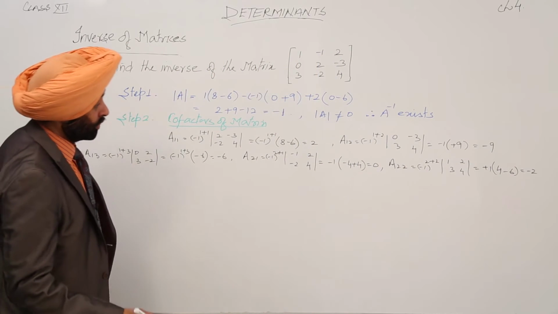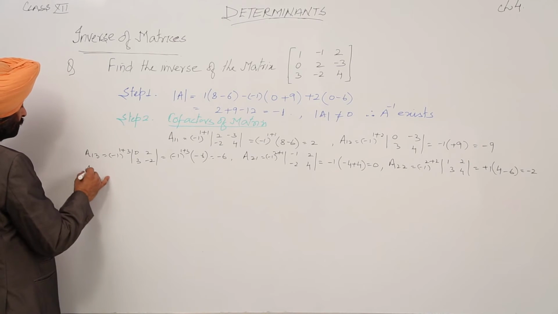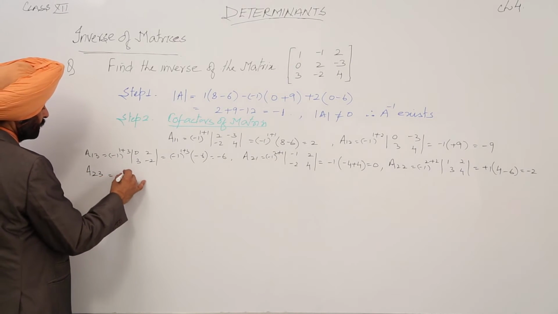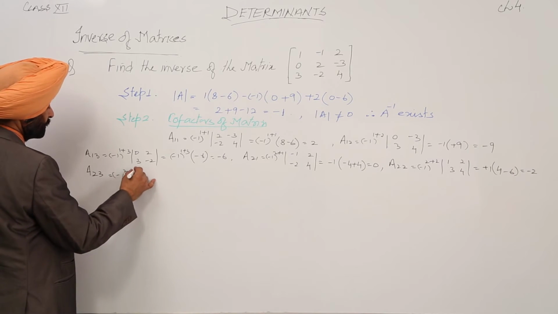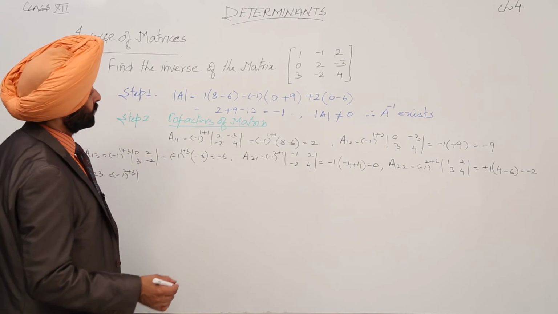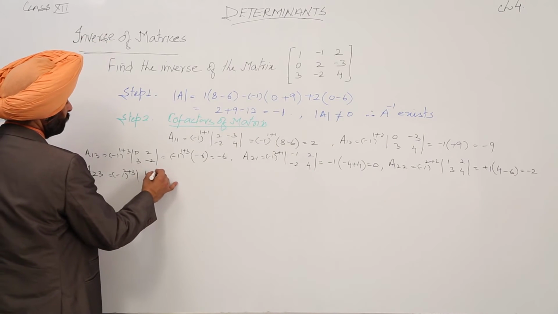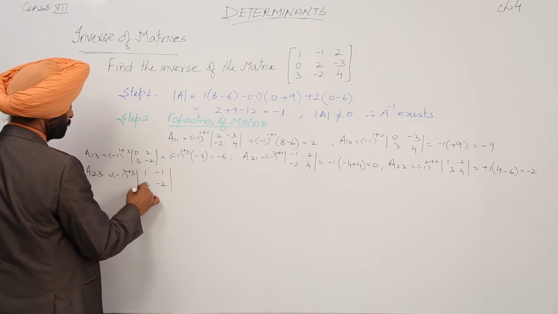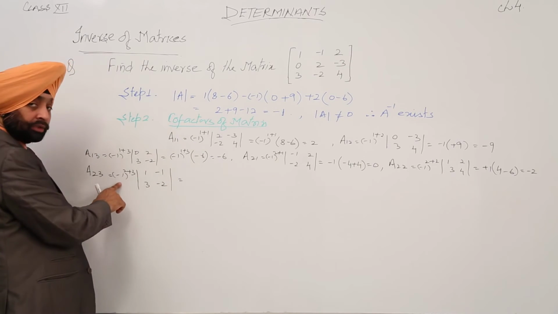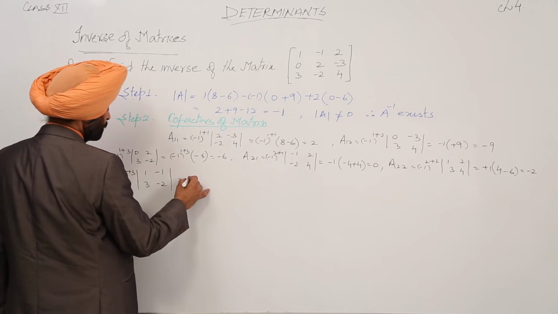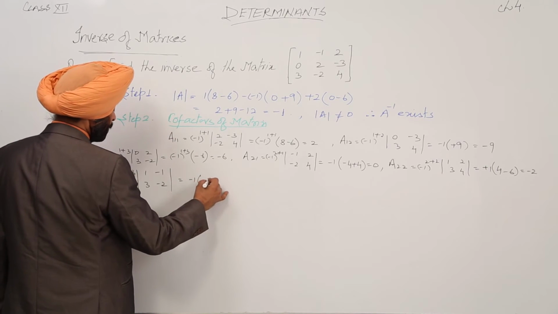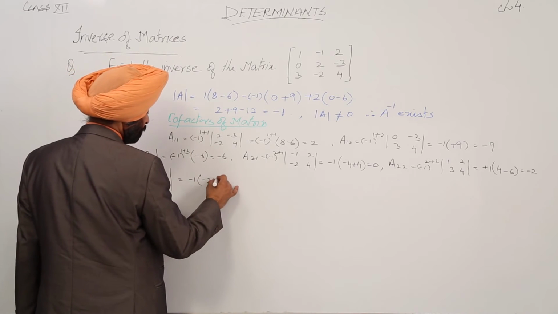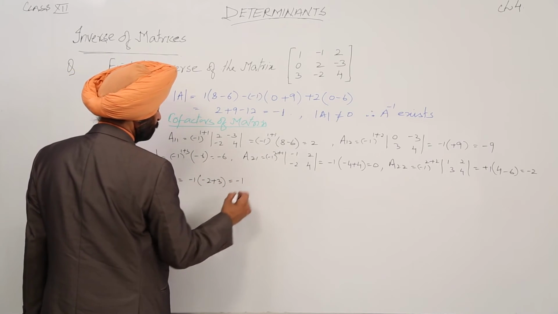Now after A22 we are having A23. A23 is minus 1 raised to power 2 plus 3 with, now for A23 we are having 1 minus 1, 3 minus 2. Okay, this becomes minus 1 raised to power an odd number, it is negative of minus 2 with 3 with minus 1, that is negative of (minus 2 plus 3). This is equal to minus 1.